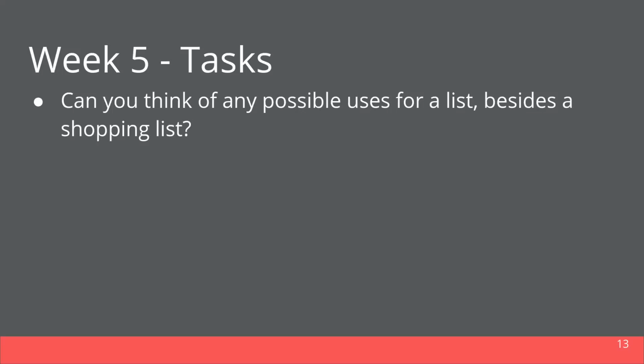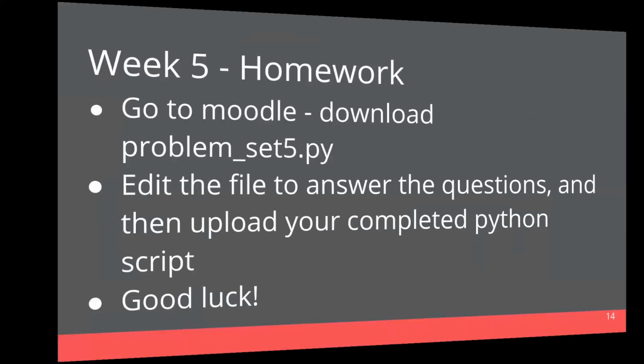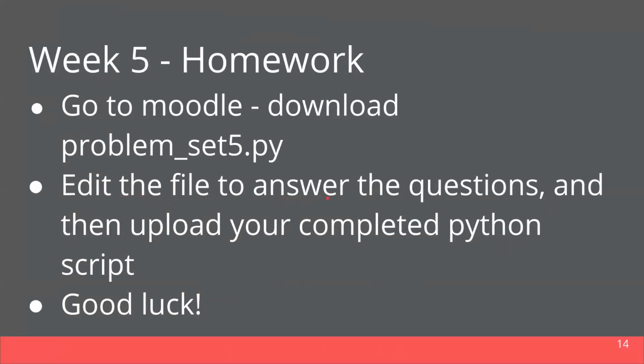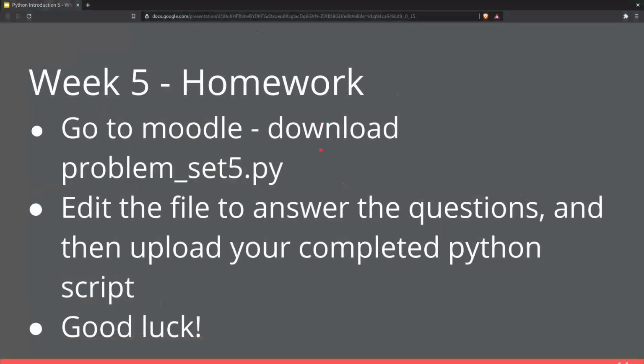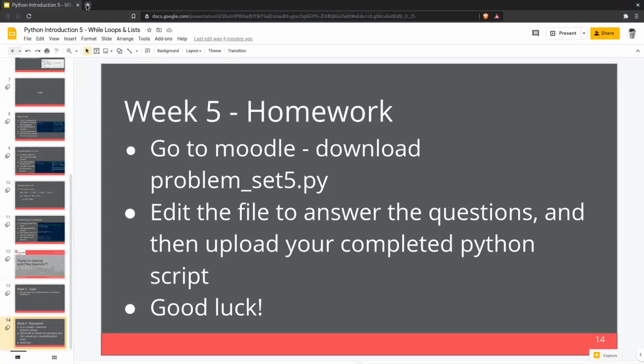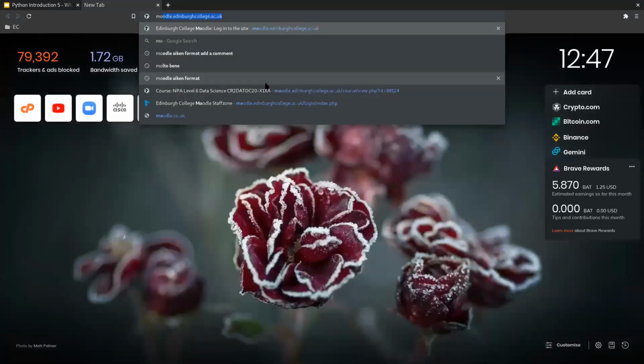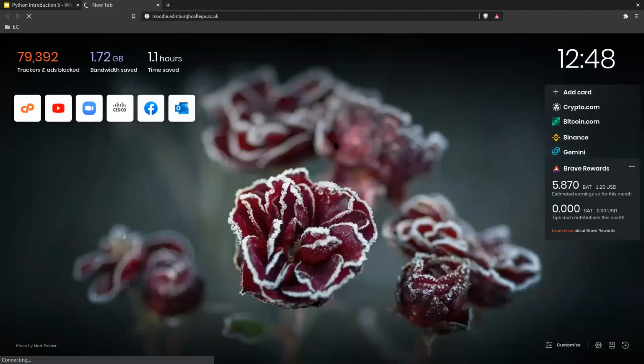So this week's homework on the Moodle is problem set 5. As we've done in the last few weeks, edit the file to answer the questions and upload it. And also we've mapped this week to the NetAcad course. So let me just jump over there.